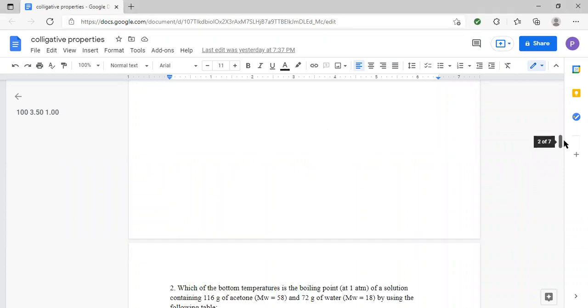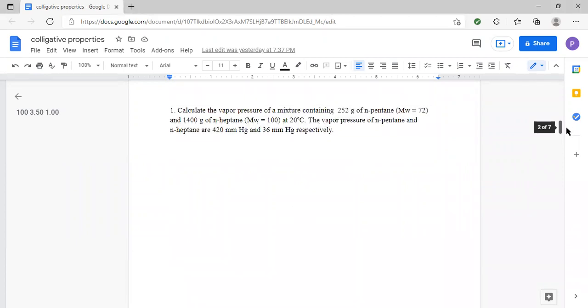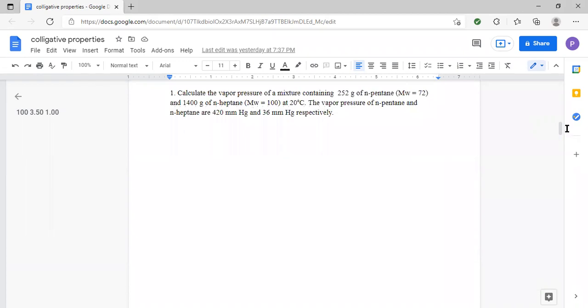Let's go up here. This is a little bit more straightforward. It just says calculate the vapor pressure of a mixture with 252 grams of pentane and 1400 grams of heptane at 20 degrees Celsius. So cool, we know it's at a constant temperature.